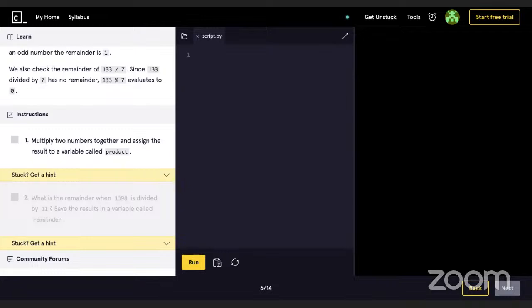So what you need to do is put product, then a space, then equals, then a space. Then put any number between 1 and 9.